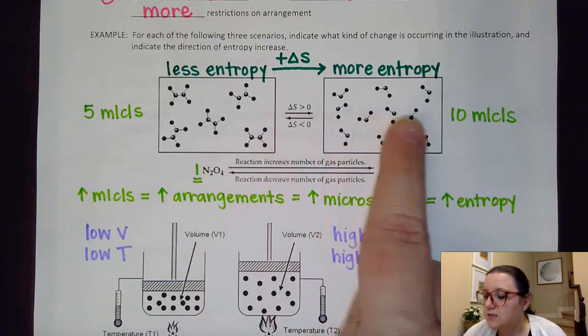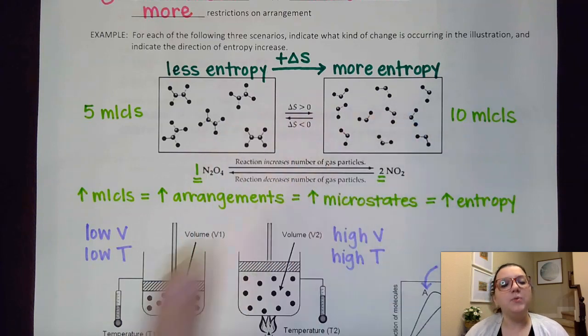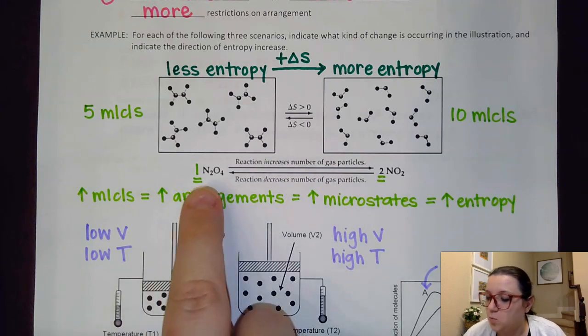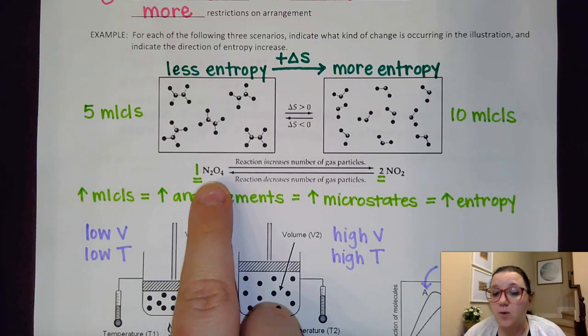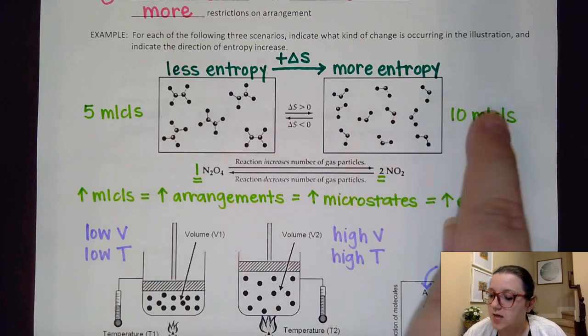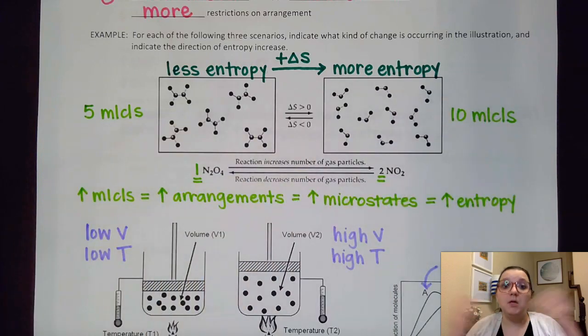Now, this is represented as a picture, but you could also represent this same thing as a balanced reaction. The balanced reaction here would be 1 N2O4 going back and forth with 2 NO2. So again, we see that the 5 to 10, or the 1 to 2 ratio, remained in those two different ways of illustrating our process here.